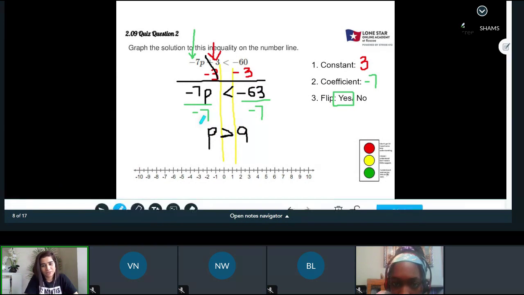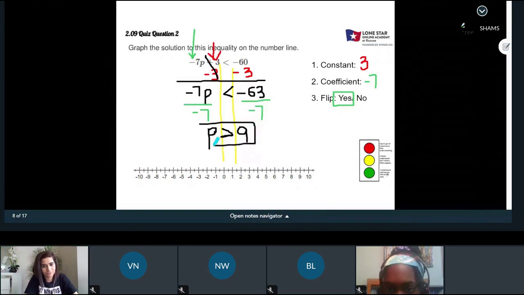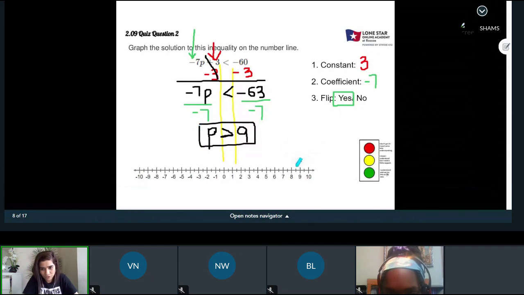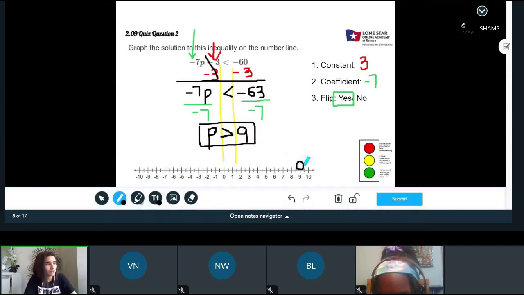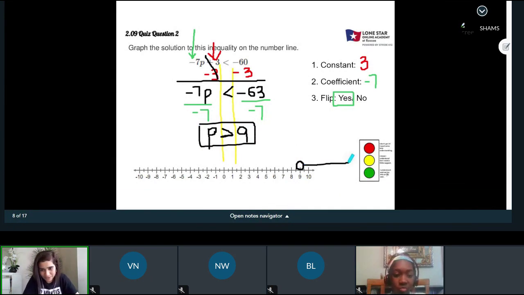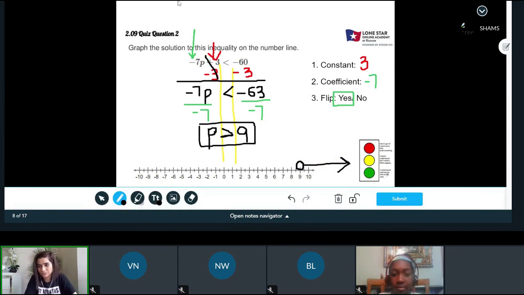So p's got to be greater than 9. So here we have 9. I will draw a circle, but I will not shade in because 9 is not included. Only numbers greater than 9 are included. So anything that is greater than 9, we can show like this. Do not color in the circle.